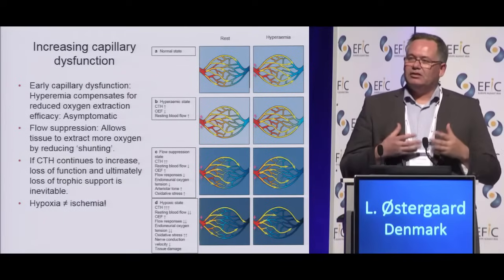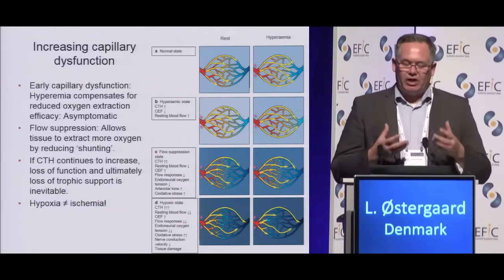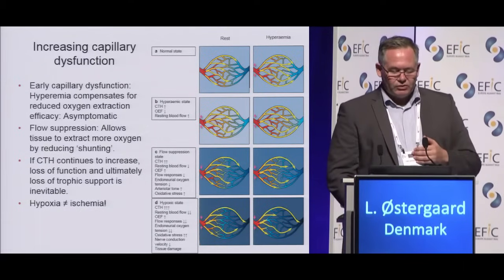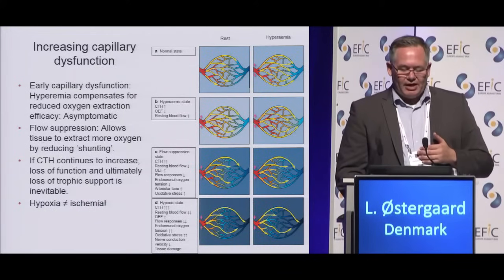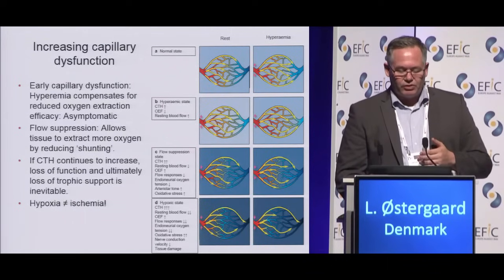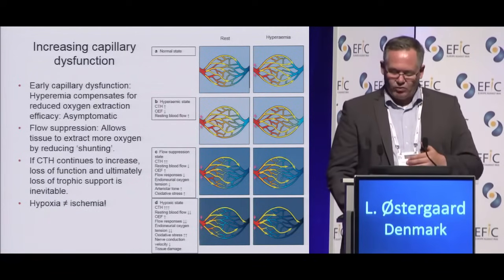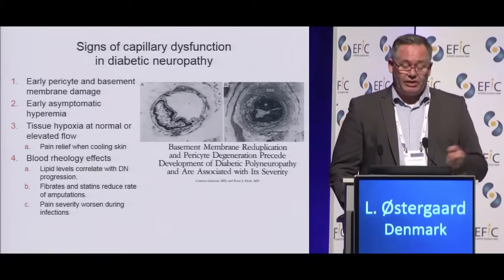And in the end, the oxygen availability is going to be so poor that there's simply not enough oxygen around to fuel the ATP needs of the tissue. So if these capillary changes don't stop, then ultimately there will be so little oxygen around that the nerve, in this case, will lose trophic support. And note that what this means is that you can have hypoxia in tissue without having what we know as ischemia.